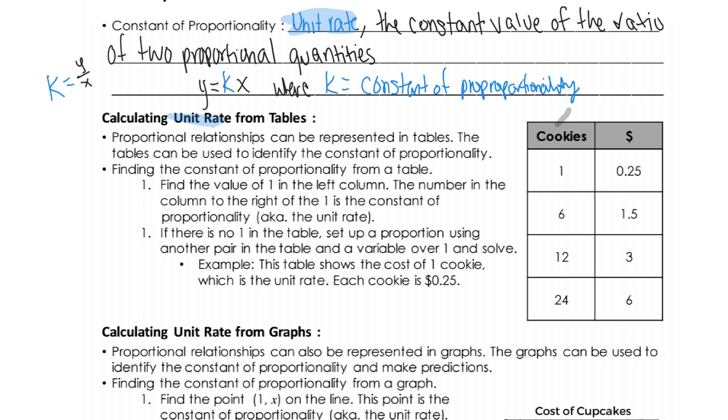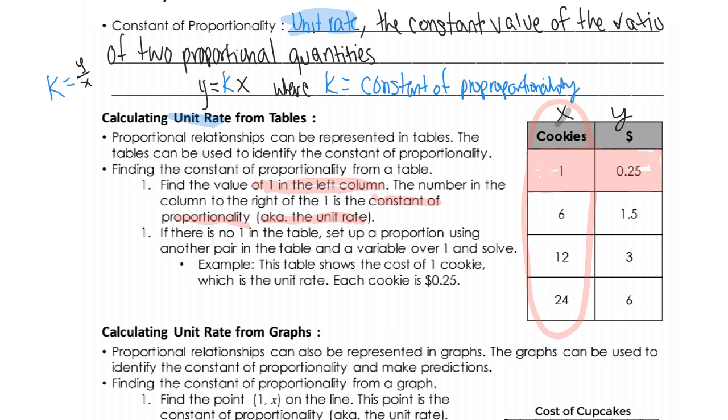And if possible, find the value of 1 in the left column, the x column. I do see it, right here. So this is your value of 1. Remember, when we have one unit or one of something, that's our unit rate or our constant of proportionality.